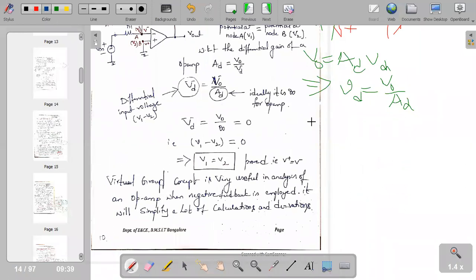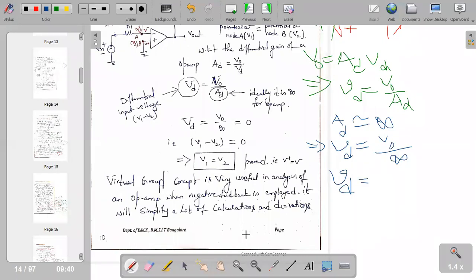Now please observe carefully. We know the differential gain AD of an op-amp is very large, but ideally its value is infinity. So we can write VD is equal to V naught divided by infinity.